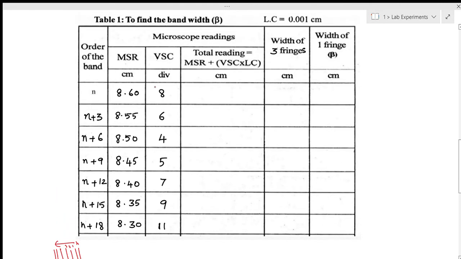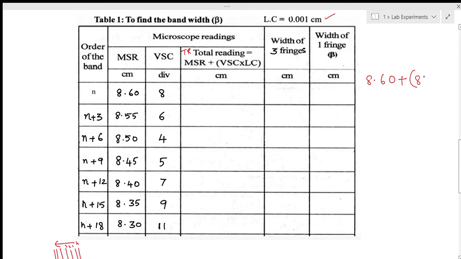These are the sample readings. In your calculator, this is MSR and VSC. The least count of the traveling microscope is 0.001 centimeter. So the formula to find the total reading, TR, is MSR plus, within bracket, VSC into LC. What is your MSR here? As per the sample reading, it is 8.60 plus, in bracket, VSC is 8.